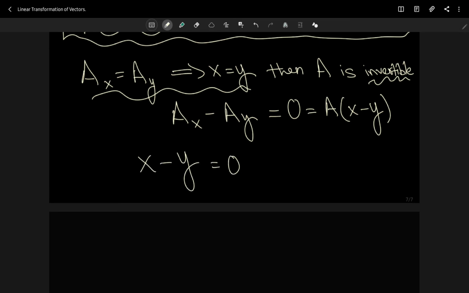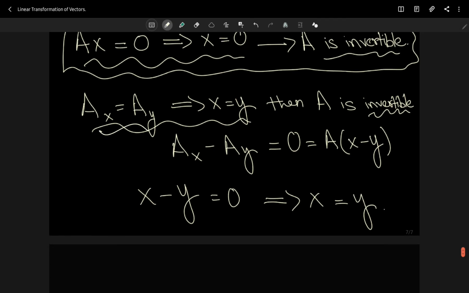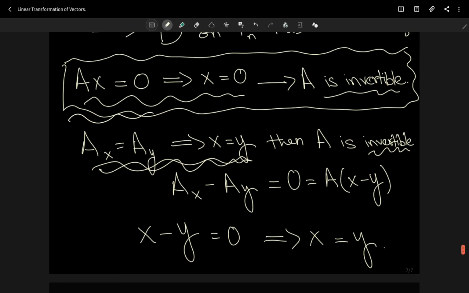And if x minus y is 0, what does that imply? That implies that x is equal to y. And so this thing is then satisfied. And so then we can state that Ax is 0, which implies x is 0. And so if that is true, then A is invertible.